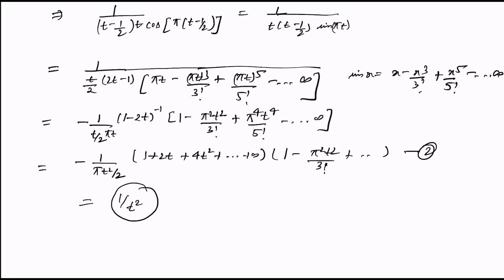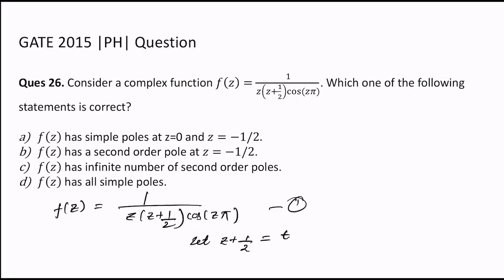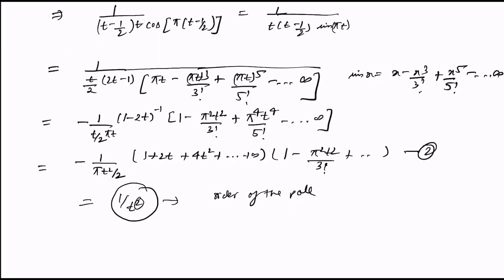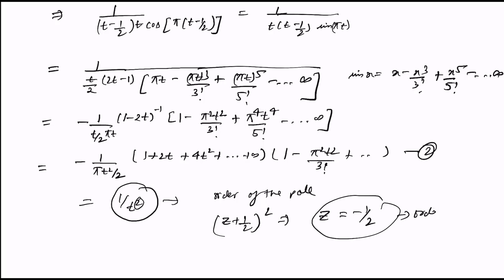So this power gives the order of the pole, and we know that t is nothing but z plus half. So we have a pole at minus 1 by 2 and its order is 2.